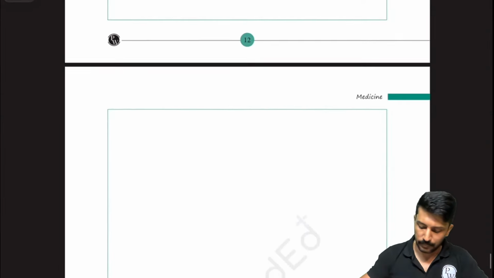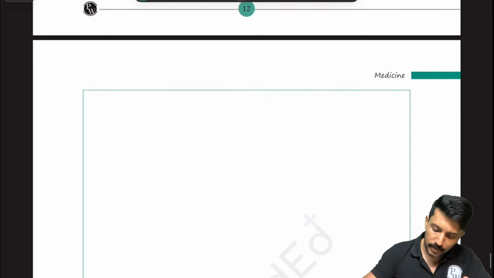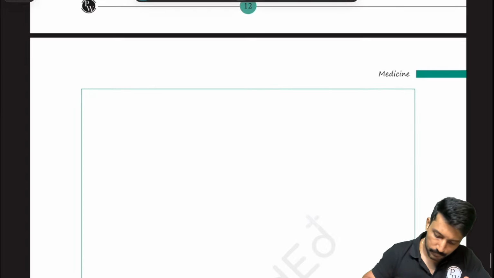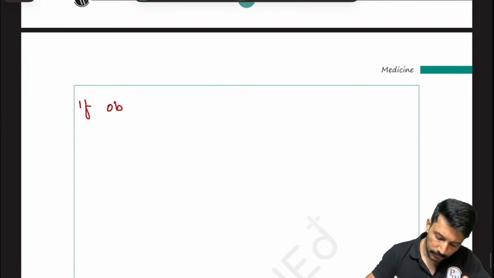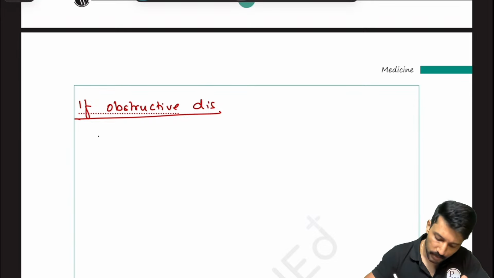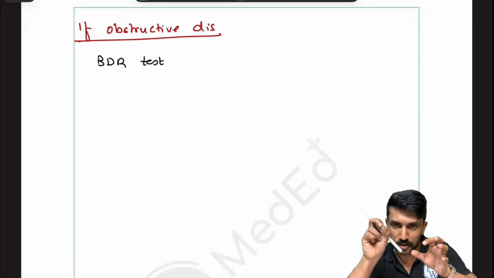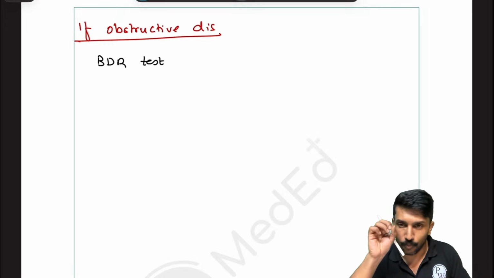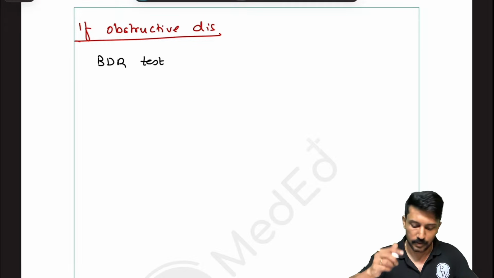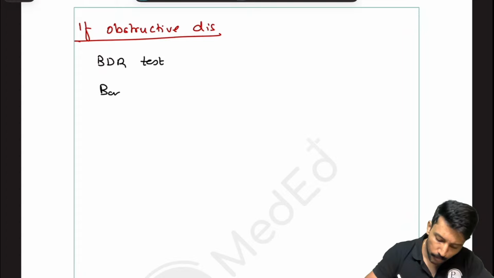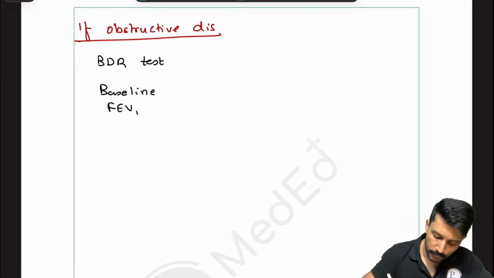So remember, if there is an obstructive disorder, we have to go for a test called the bronchodilator reversibility test. So what do we do in this? We know that in asthma there is bronchoconstriction. It is reversible. In COPD there is remodeling of the airway. It is not reversible. So what we do is, we will have the patient's baseline FEV1 value available.